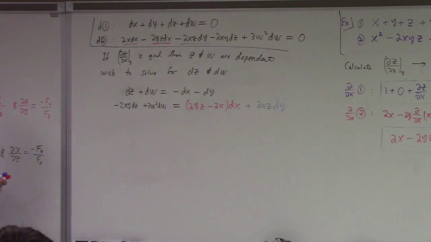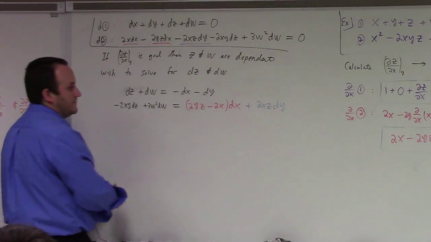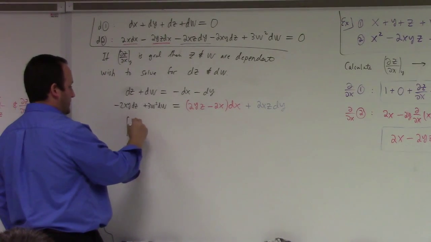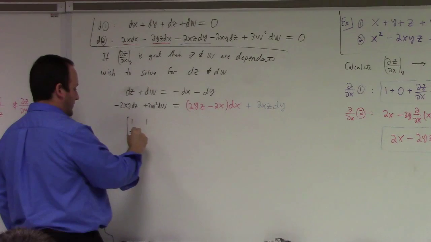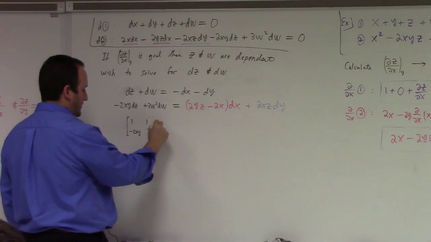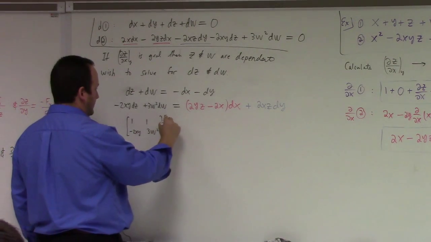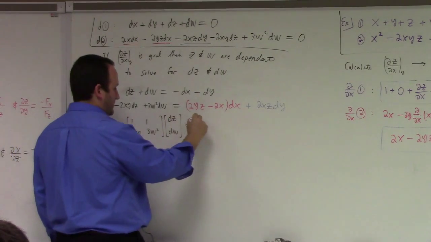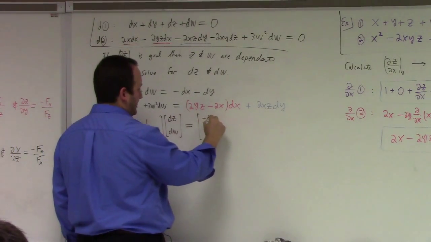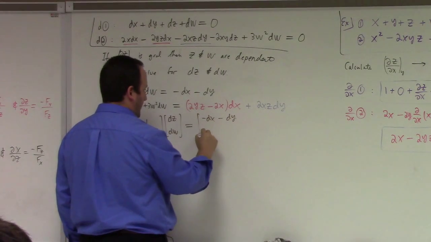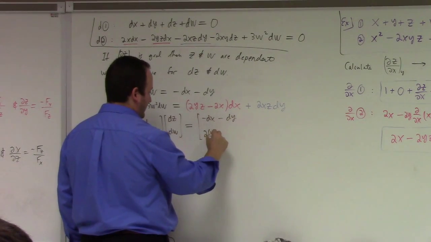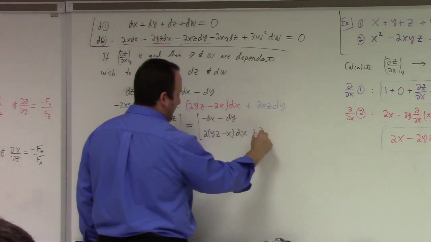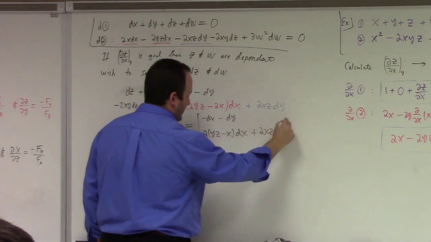And then I can look at this as a matrix: 1, 1, minus 2xy, 3w squared. It's a symbolic matrix, but a matrix nonetheless. And dz dw is equal to minus dx minus dy, and this stuff, 2 times yz minus x, I factored the 2 out, are you proud of me, plus 2xz dy.